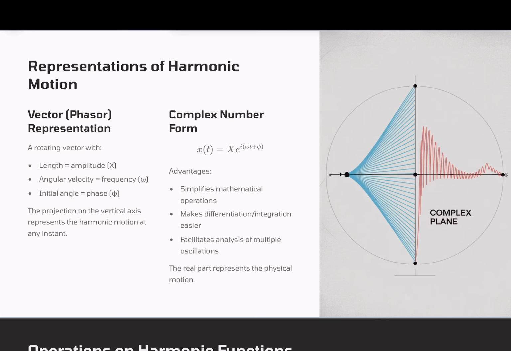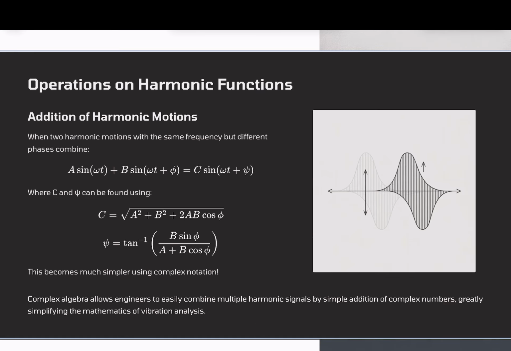motion in analysis. So now that we understand harmonic motion, let us see how different harmonic motions can combine. This is very important in vibration analysis because most real-world vibrations are made up of multiple signals. Now, when two harmonic motions with the same frequency, but possibly different phases, combine, we can express them like this.